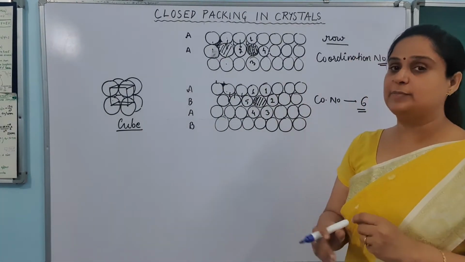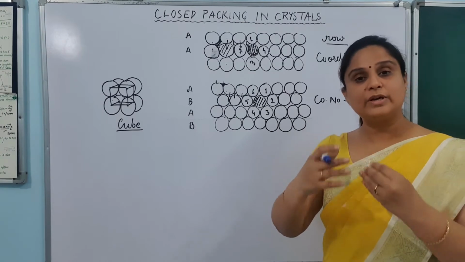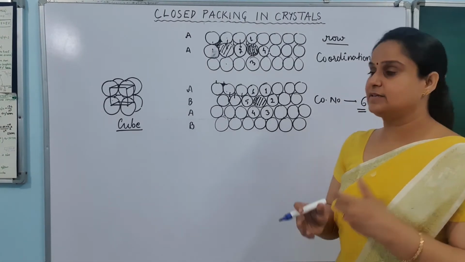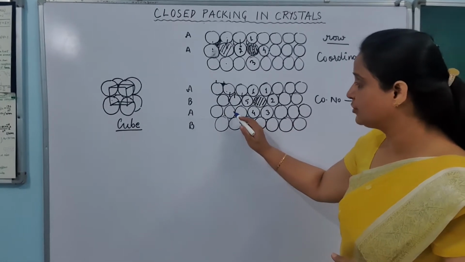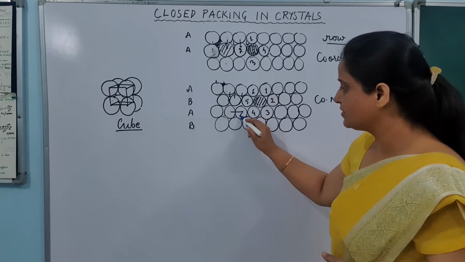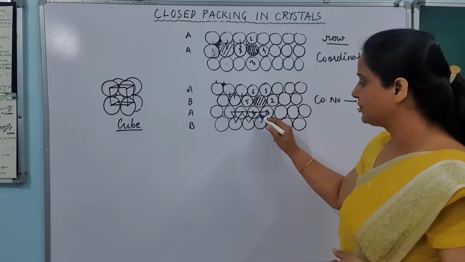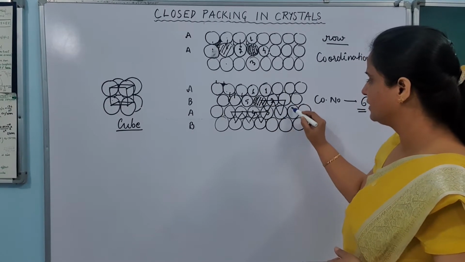But when we keep AB type of sheets over each other, what are the possibilities for making a crystal? Let us understand that. Before arranging it, I am going to show you one thing here. Can you see there are triangles in this structure? All over the structure, wherever you go, you will get a triangle, isn't it?